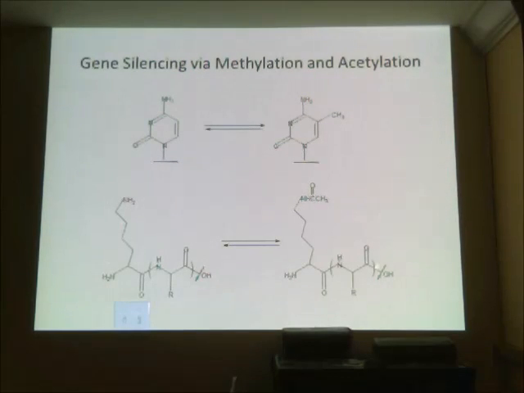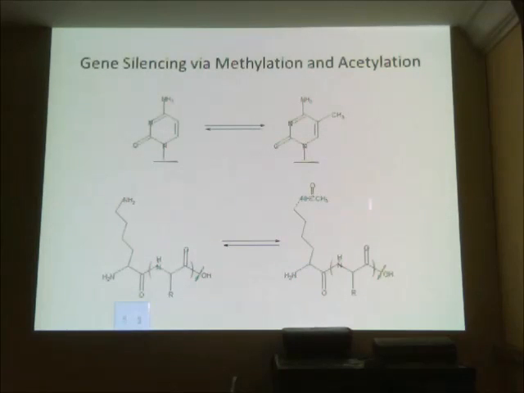Another mechanism of gene silencing involves what is called histone protein. If you look at a DNA molecule, you'll find that the DNA itself is coiled around protein molecules called histones. They're organized in little groups of 8, stacked up, and then the DNA is tightly wound around the histones.